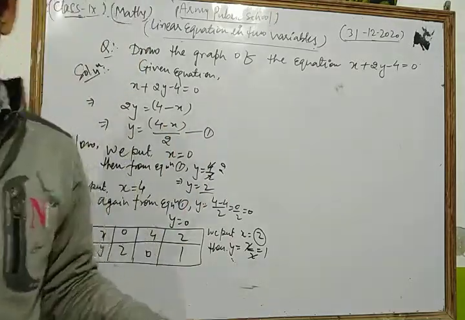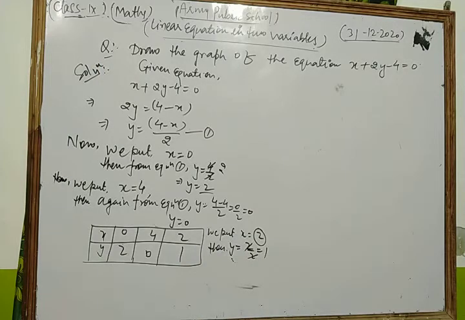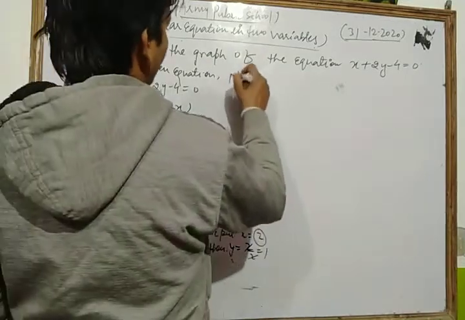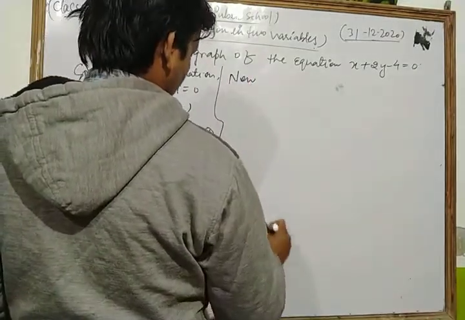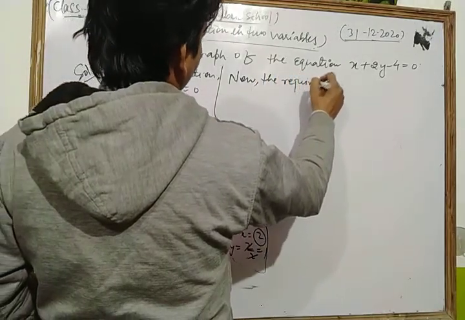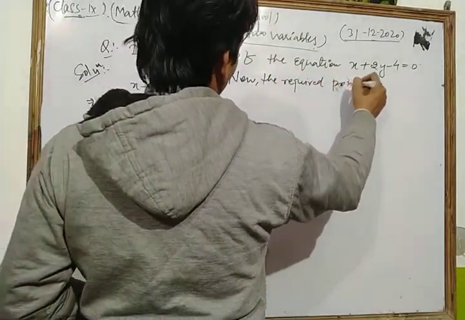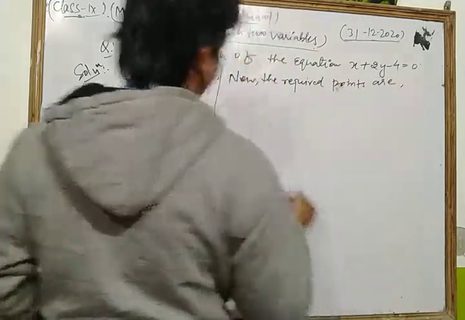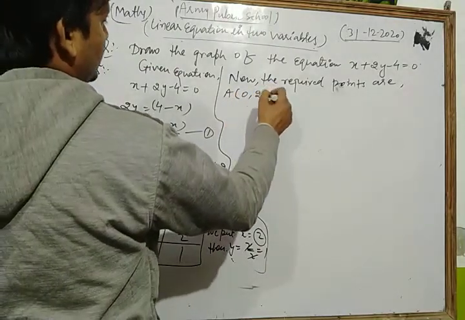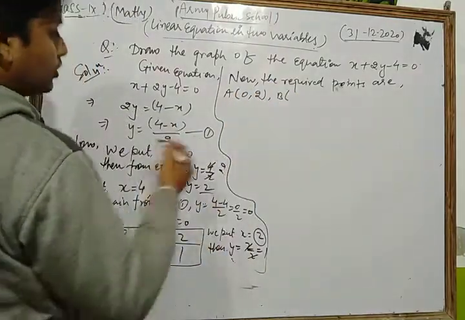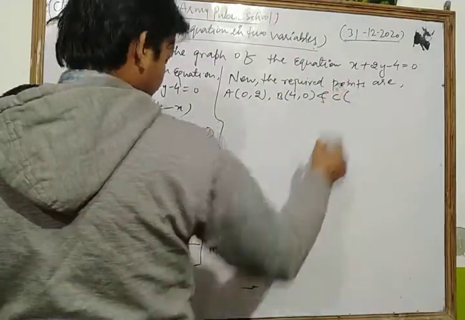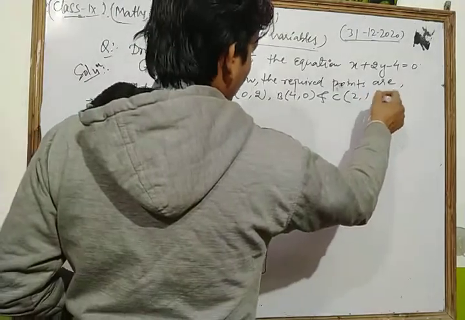Okay, now, dear students, the required points are: A is 0 comma 2, B is 4 comma 0, and the third one, C, is 2 comma 1.